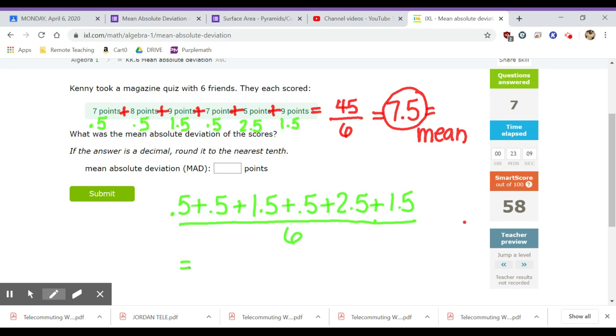That gives me 7. I need to divide that by 6. That gives me 1.16. And it wants it to the nearest tenth. That 6 is going to tell that 1 to go up to a 2. So it's going to be 1.2.